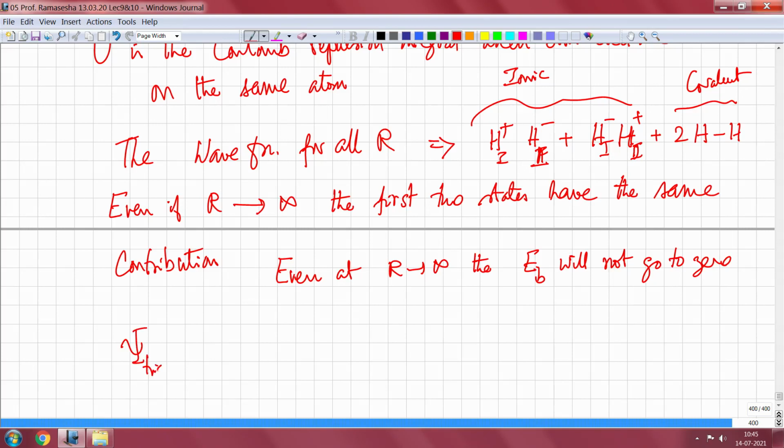I can just write down a simple trial wave function, which is C1 times HH, which is a covalent contribution, plus C2 times H plus H minus plus C3 times H minus H plus.